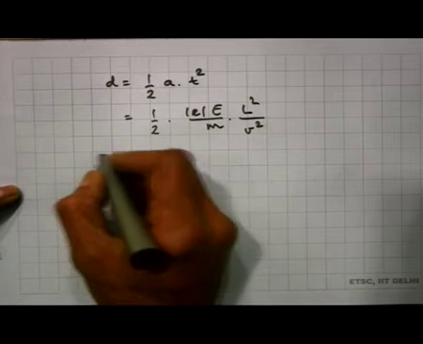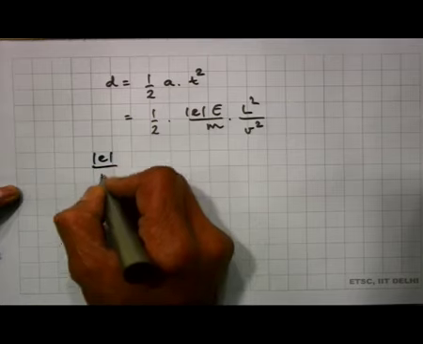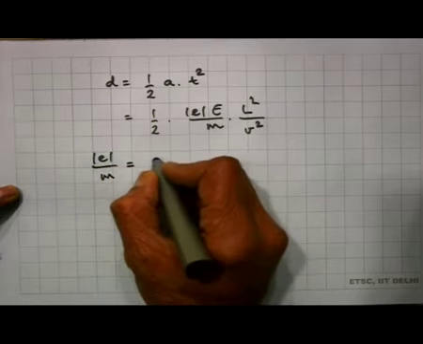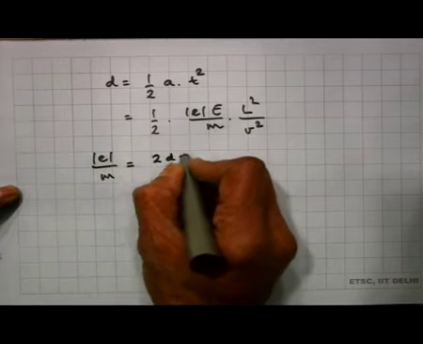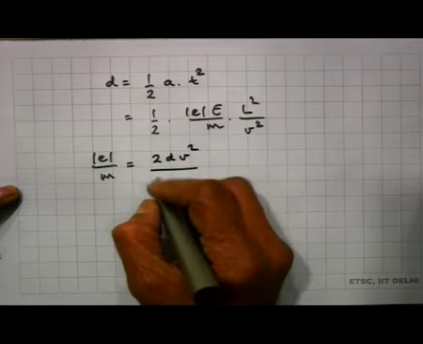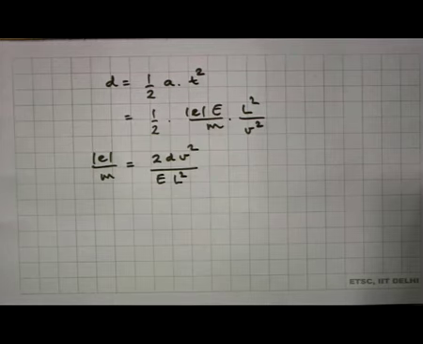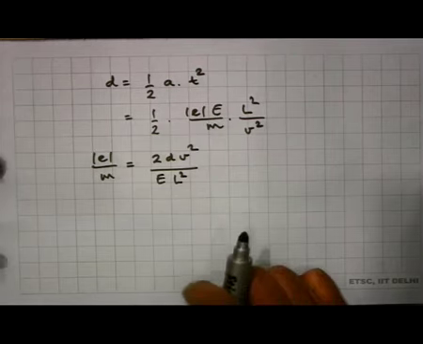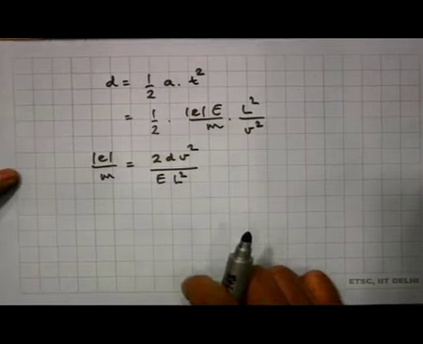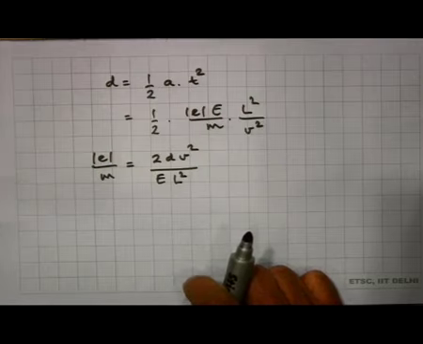So I can rearrange this equation as mod e by m is equal to 2 d v square by E L square.